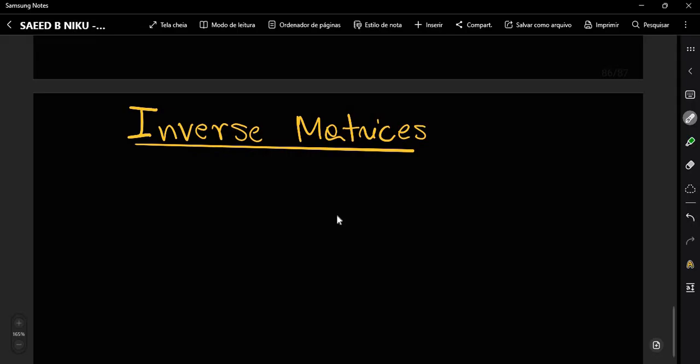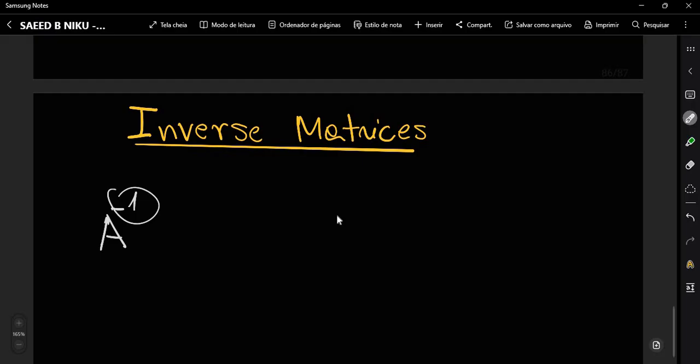And the first thing that I wanted to draw your attention to is that in the context of inverse matrices, this -1 is read as a superscript.